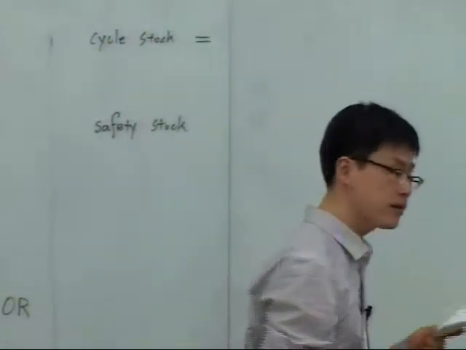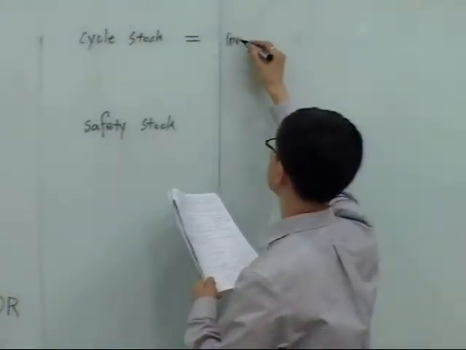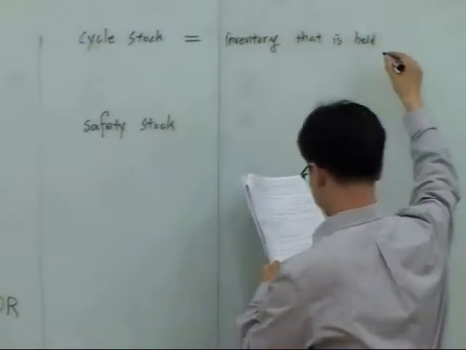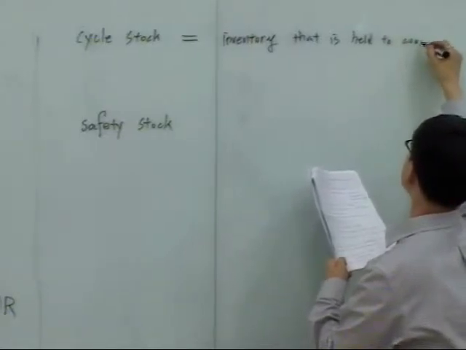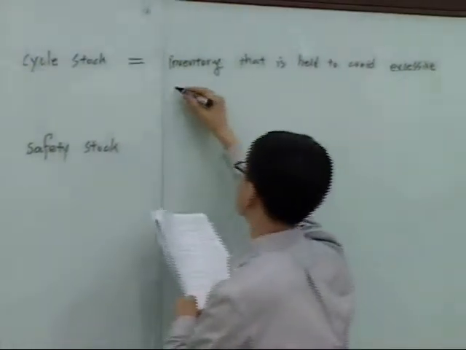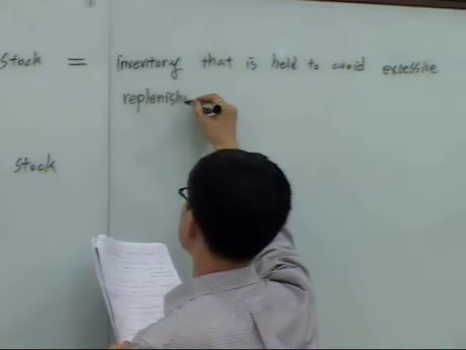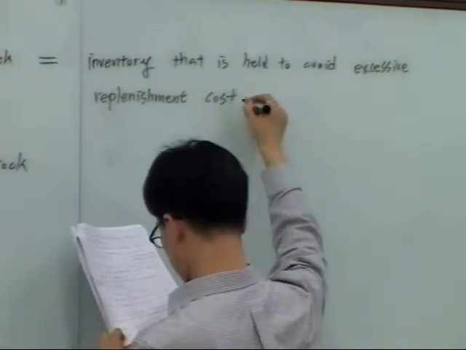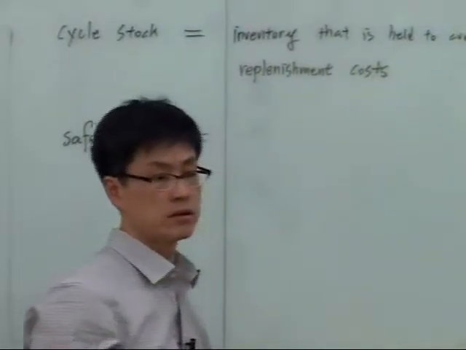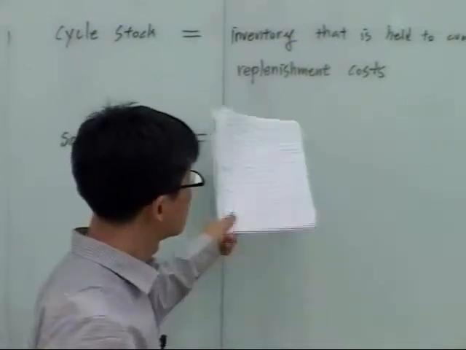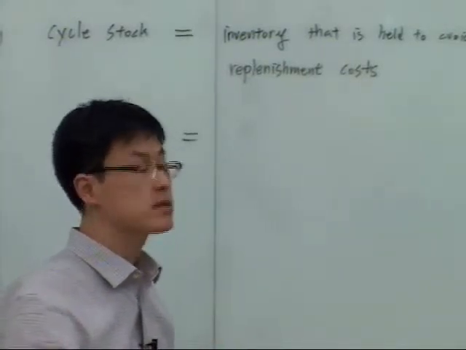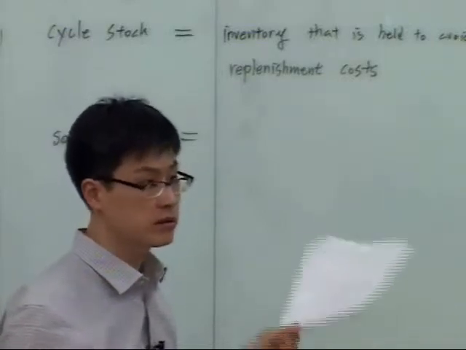Cycle stock is defined as, it's an inventory basically, inventory that is held to avoid excessive reorder cost. If the reorder cost is too high, or if you buy in bulk, you will get a discount, which is a negative cost, right?